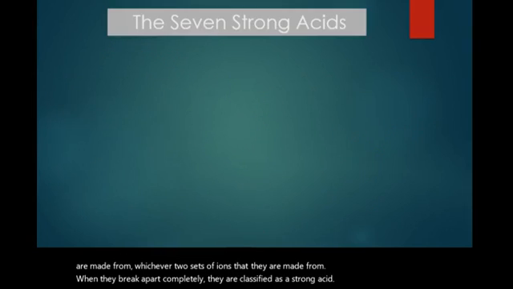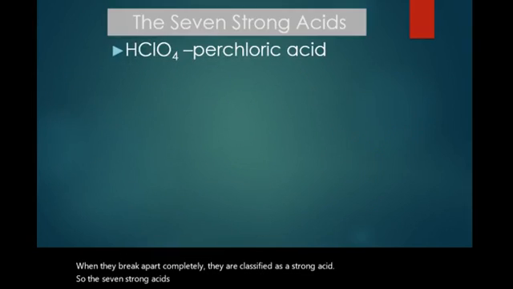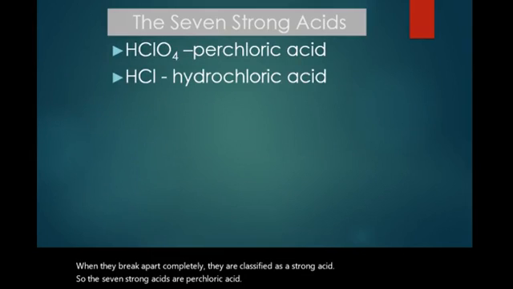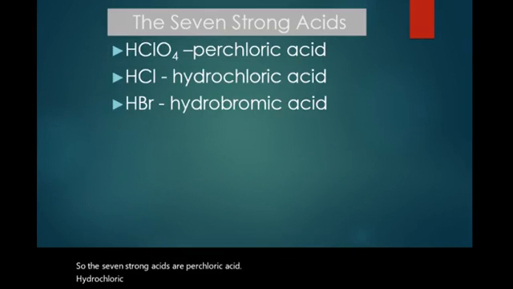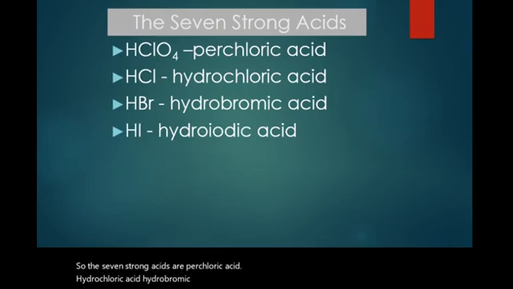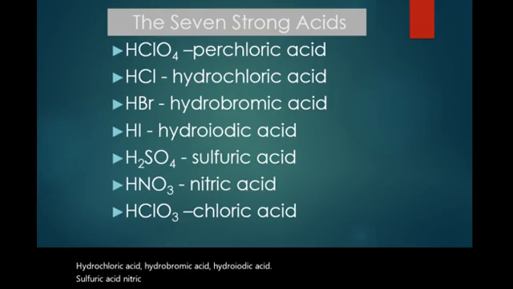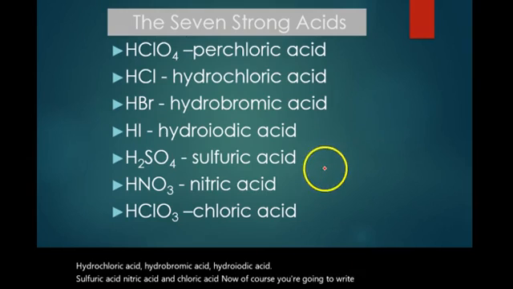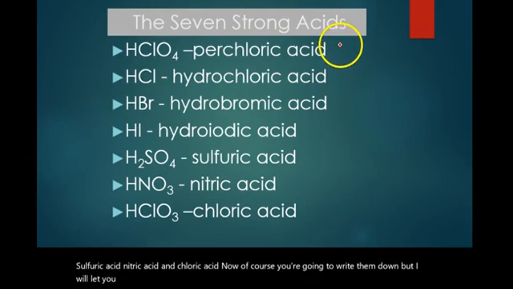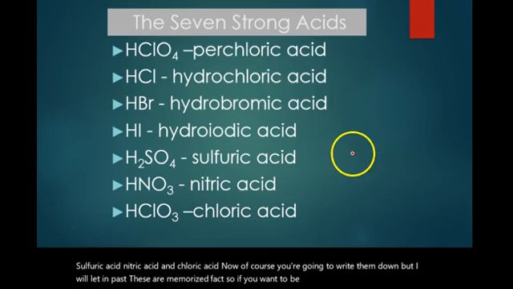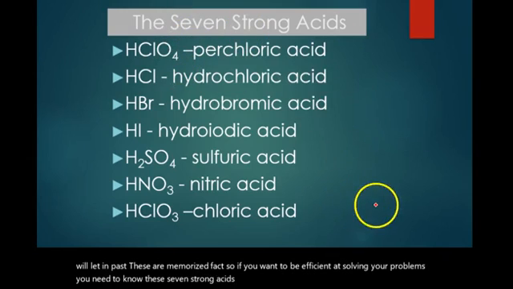So the 7 strong acids are perchloric acid, hydrochloric acid, hydrobromic acid, hydroiodic acid, sulfuric acid, nitric acid, and chloric acid. Now, of course, you're going to write them down, but I will let you know, in chemistry, these are a memorized fact. So if you want to be efficient at solving your problems, you need to know these 7 strong acids by heart.